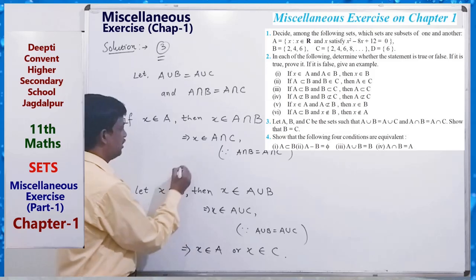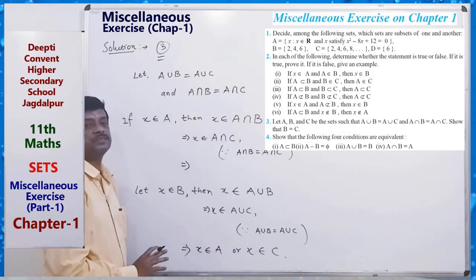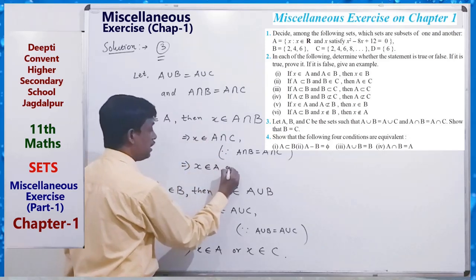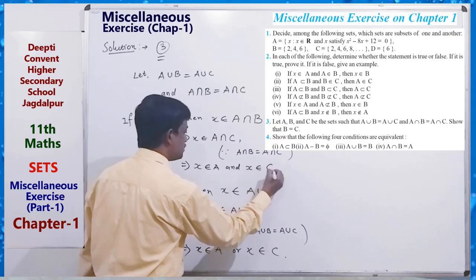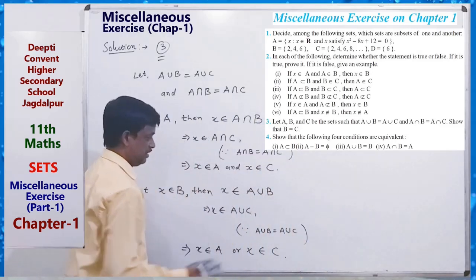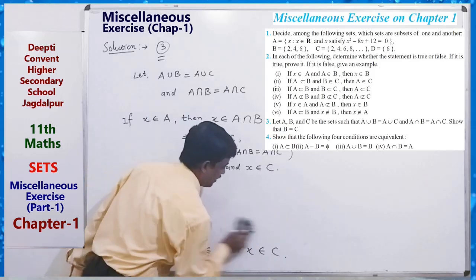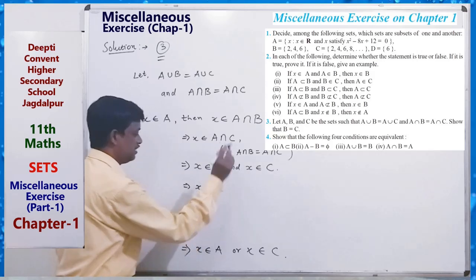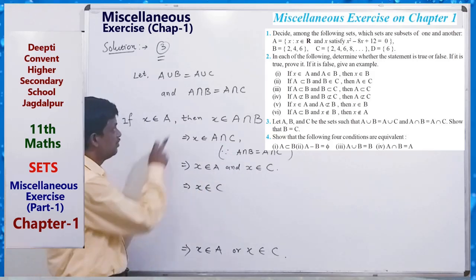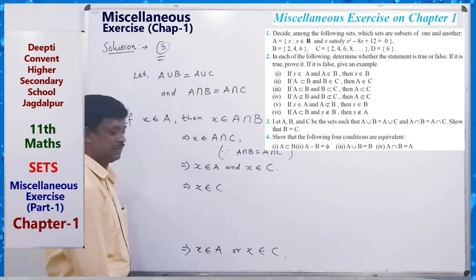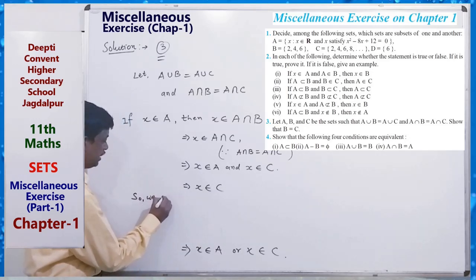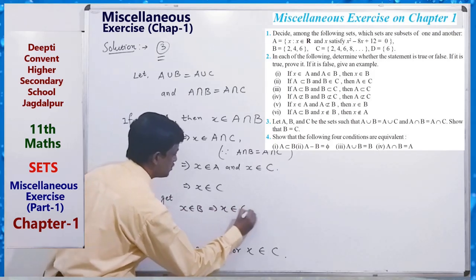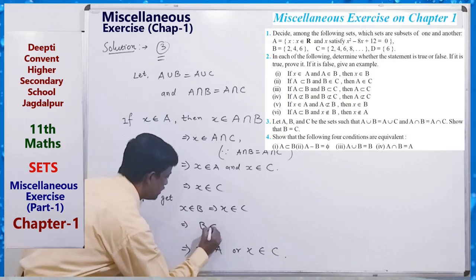So we can write now X belongs to A intersection C, which means, by definition of intersection, X belongs to A and X belongs to C. So we start from X belongs to B, and using this condition we get X belongs to C. So X belongs to B implies X belongs to C, implies B subset C.